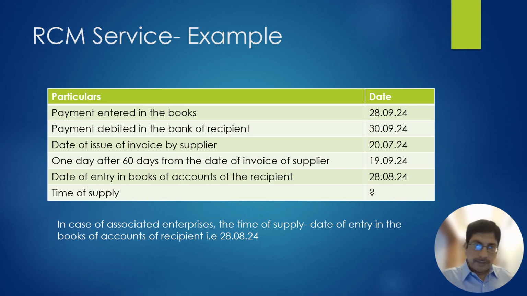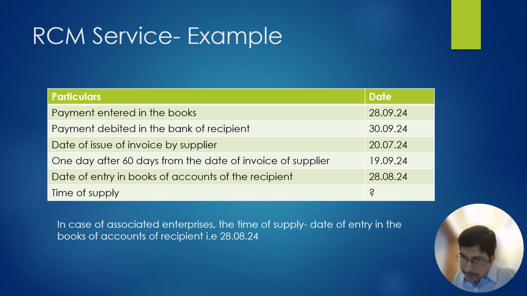When the payment is recorded in the books of the recipient, 28th September. When the payment is debited in the recipient's bank, 30th September. So 28th September, 30th September, do the comparison. Whichever is earlier, 28th September. So ignore 30th September. Now the date of issue of invoice by the supplier is 20th July.